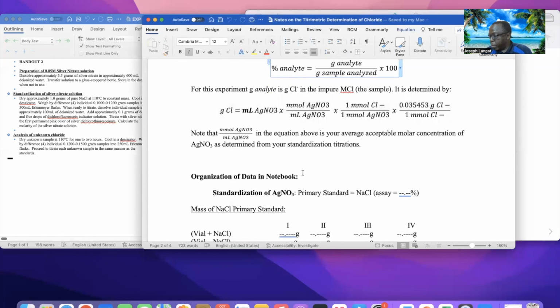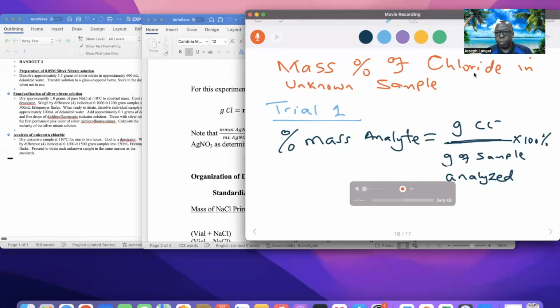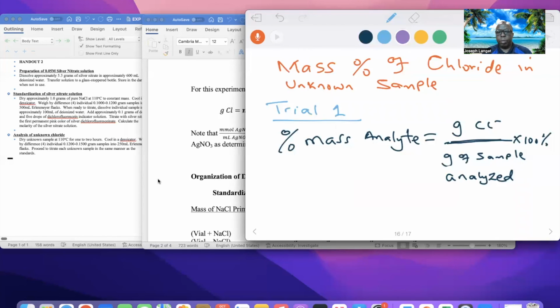Now, the mass percent of chloride ion, or Cl, in your sample. Let's say trial 1: you know how much of the unknown sample you had in trial 1. You should have in your lab notebook the mass of unknown in trial 1, trial 2, trial 3, times 100.